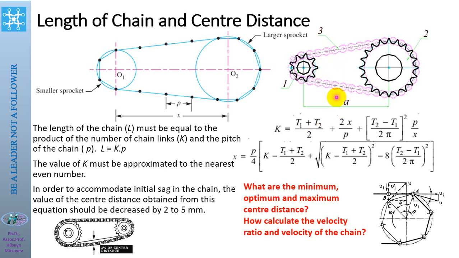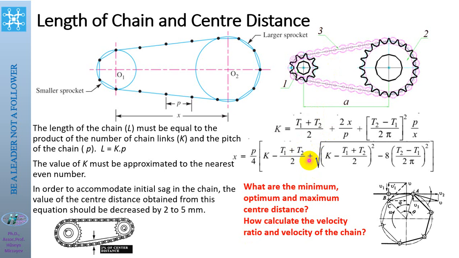The optimum center distance is equal to 30 to 50 times the pitch of the chain, and the maximum center distance may reach 80 times the pitch.